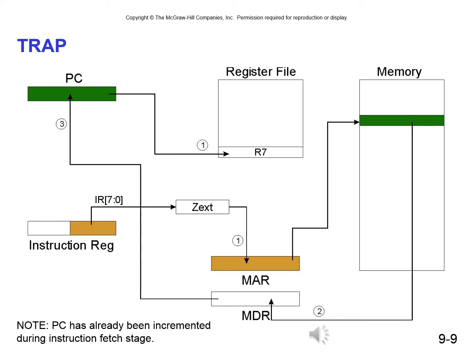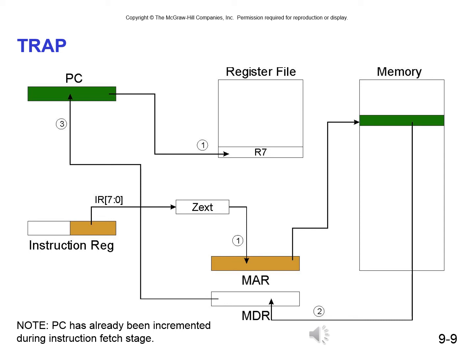So we're in the trap vector table now. Then the value stored gets transferred to the memory data register, and then that becomes the new program counter value. So we've stored the linkage, the program counter, from the calling routine or the calling program into R7.